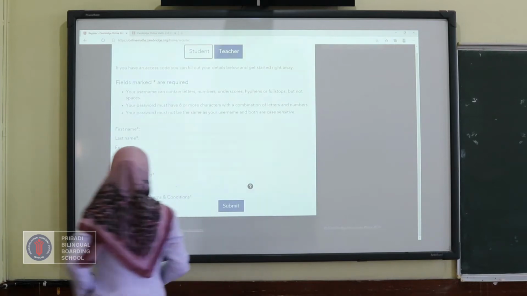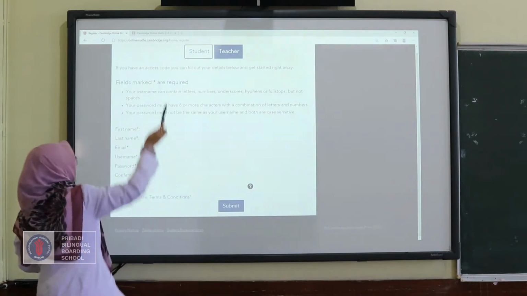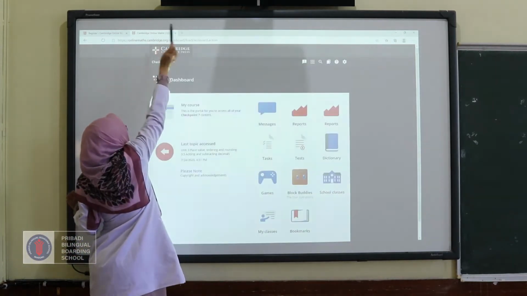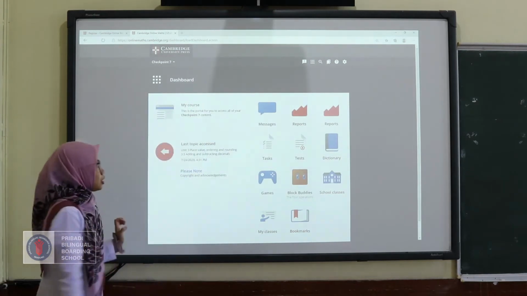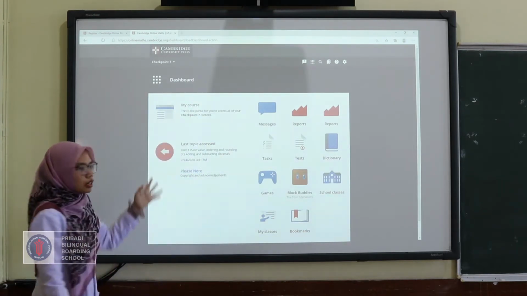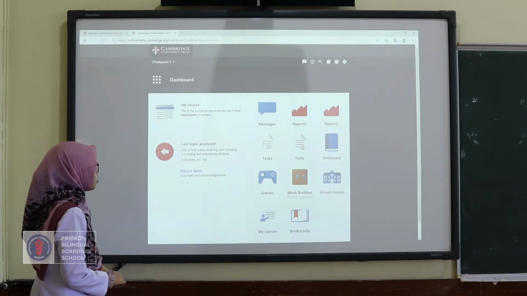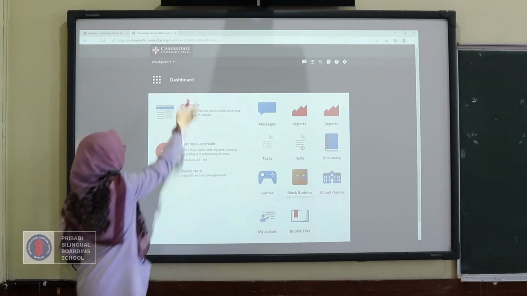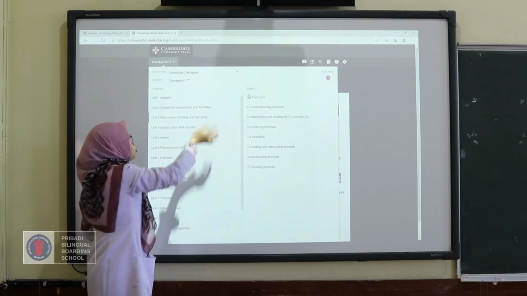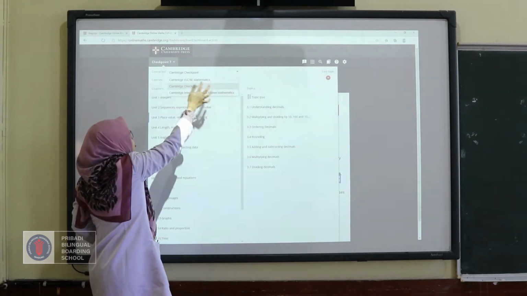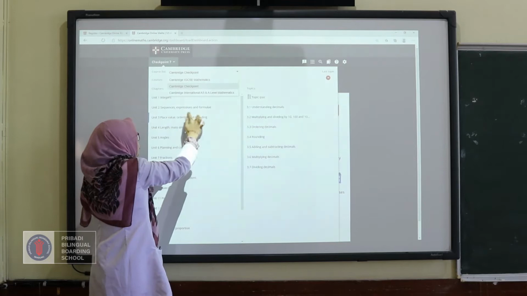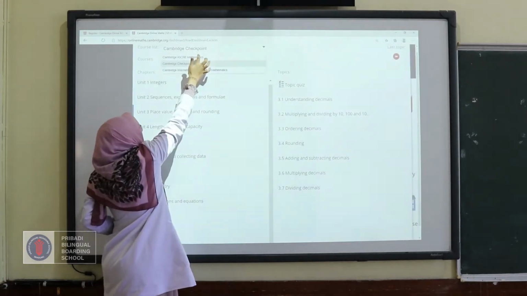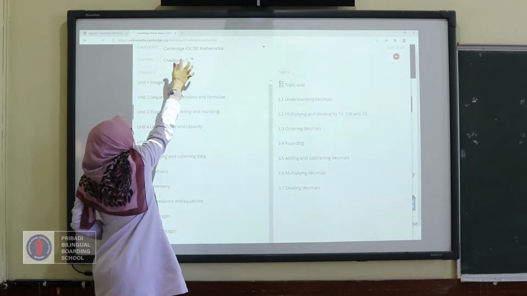Next, you go to your dashboard. Your dashboard is like this. There are message, report, and etc. And for now, what you have to do is to click your book. Make sure your book is Cambridge IGCSE Mathematics here.